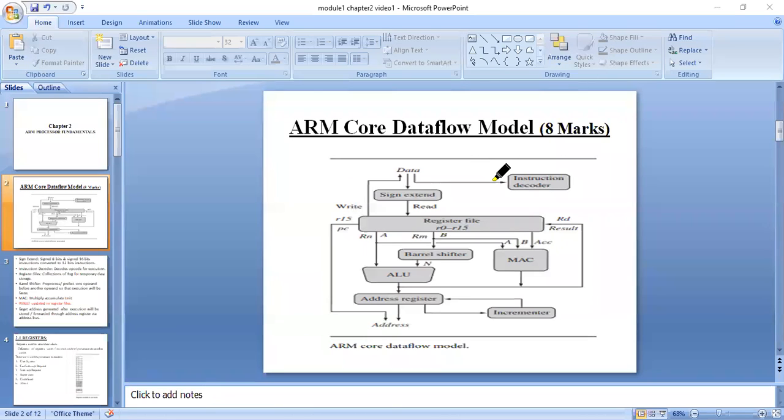Say, for example, I have written one equation, C equals A plus B. How to decode it: load A, load B, add A and B, then store the value of A plus B in C. I'm reading it statement by statement: load A, load B, perform A plus B, get the result and store it in C. In English we call it C equals A plus B, but in assembly we should be able to describe these types of instructions: load A, load B.